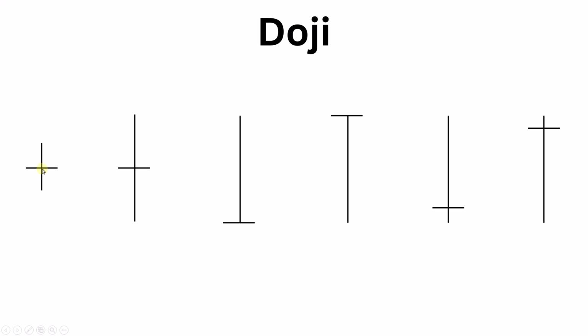But here we do not have a body in the candlestick. This is a candlestick, alright? But here the opening price and the closing price are the same, and so there is no body in the candlestick. And if you do not have a body in a candlestick, it will be called a doji.